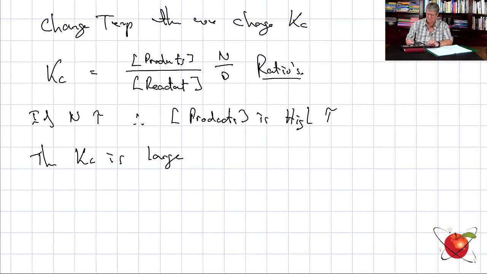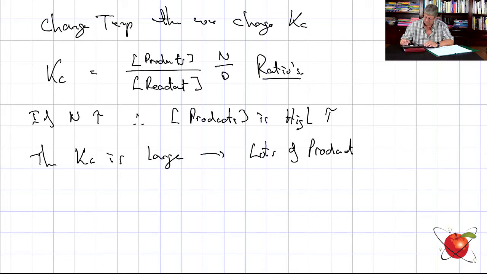If the numerator is high, it means there's lots of product. Therefore, Kc is large, right?